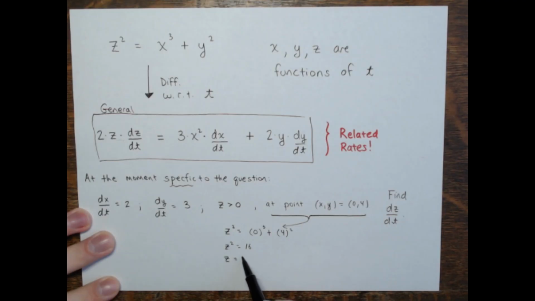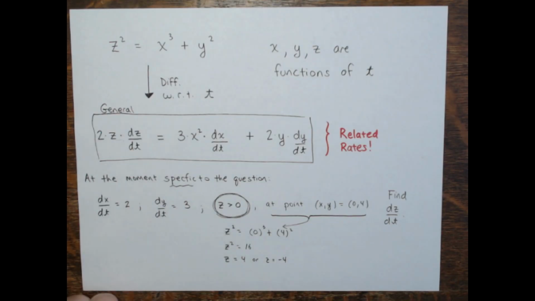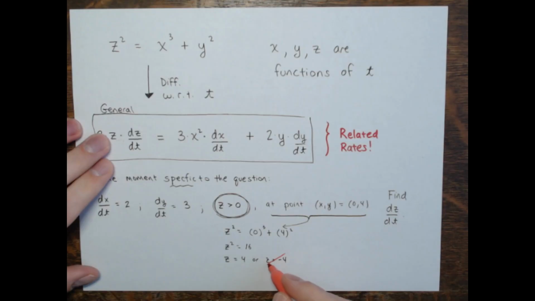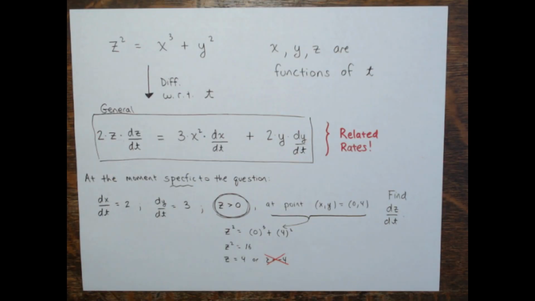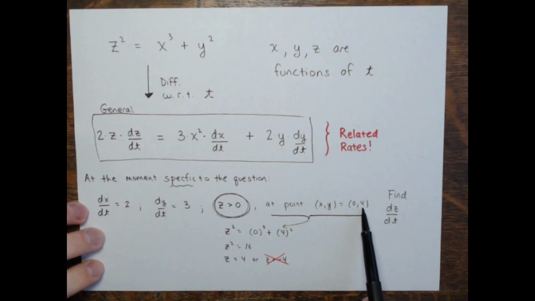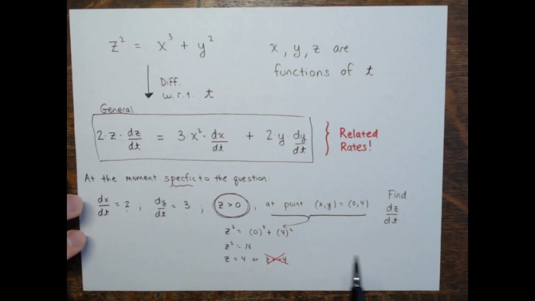So z can either be positive 4 or z could be negative 4 as well. But remember what they pointed out in the question. They said z must be positive. So I'm going to ignore the one where the value of z is negative 4. So now I have 5 of the 6 missing pieces. X is 0, y is 4, z is 4, x prime is 2, y prime is 3. We should be able to now find z prime.